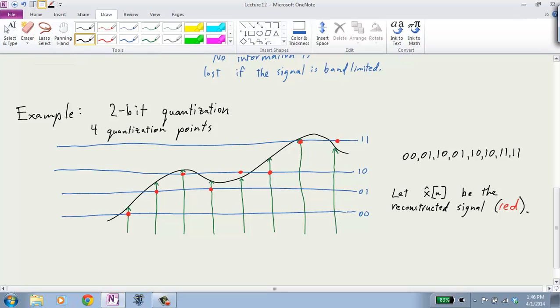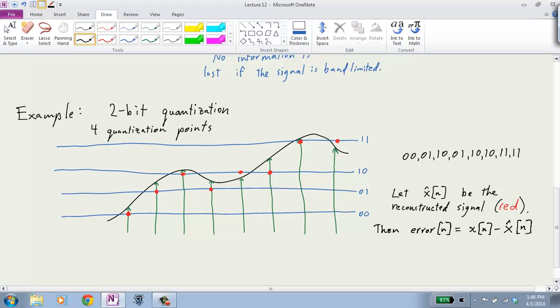So we can say, okay, then we have an error signal. It's a sequence of n, and it is the difference between the actual sample points minus their quantized version.